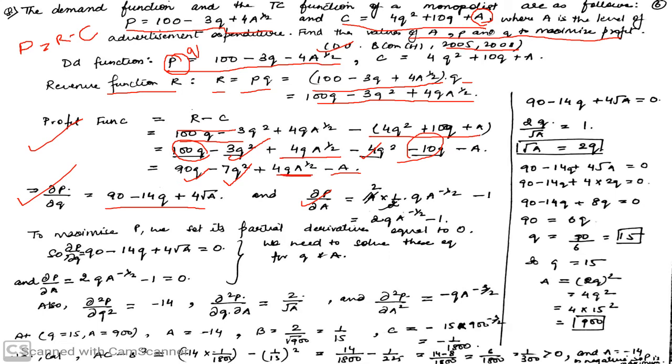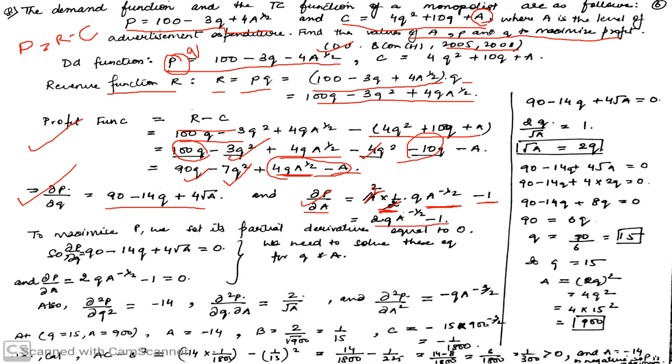With respect to a, we just have a over here, so this will be 4 into half the power of a, then q a^(-1/2) and -1, and this a becomes -1. You cancel this 2, so this comes out to 2q a^(-1/2) - 1.